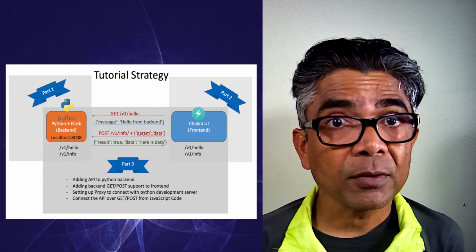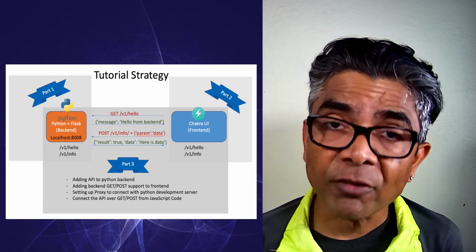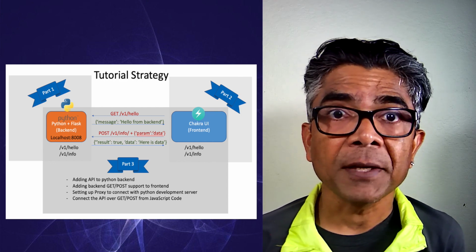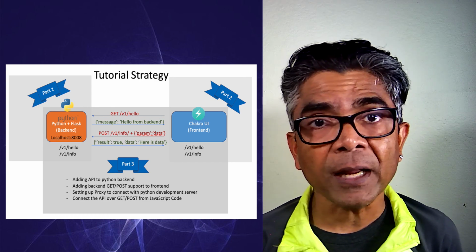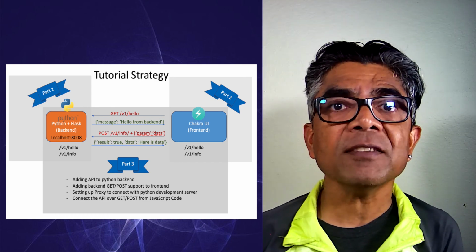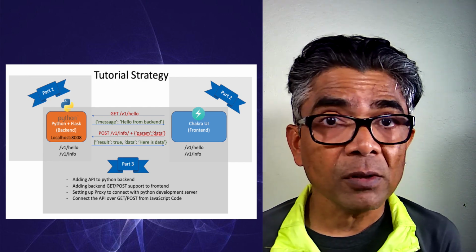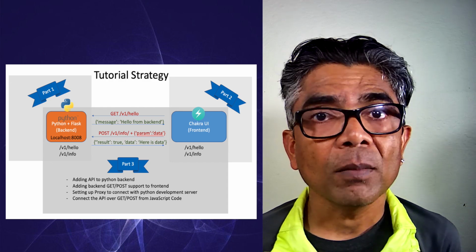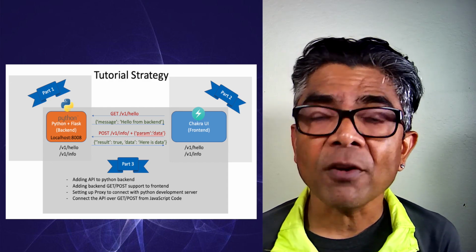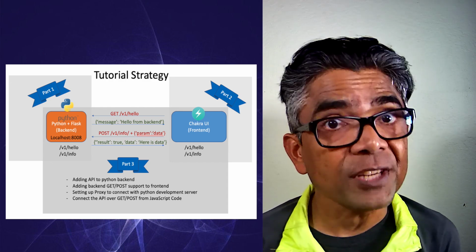In the next part 3 and the last tutorial, we are going to write code side by side in both the Python based backend and the Chakra UI based front end. So that's all in this tutorial, and I will be seeing you in the next and last part 3 tutorial of this series.